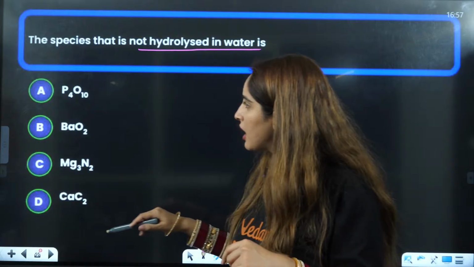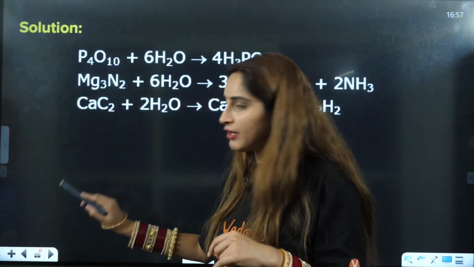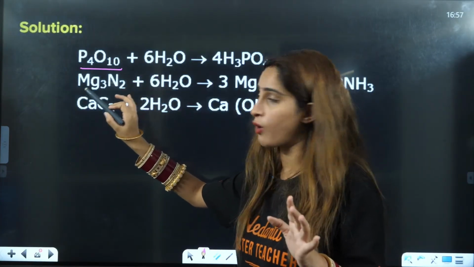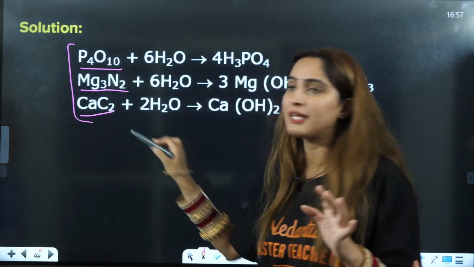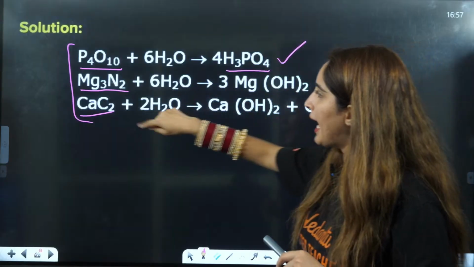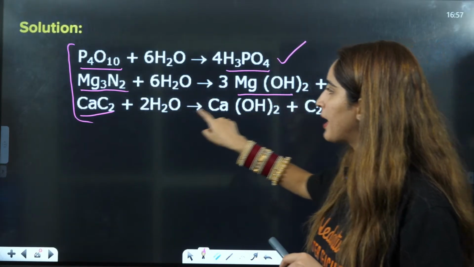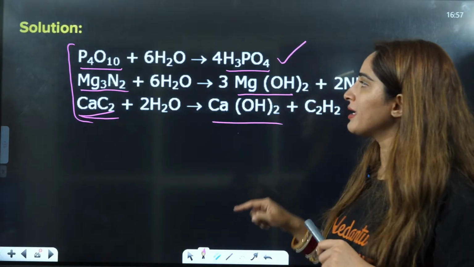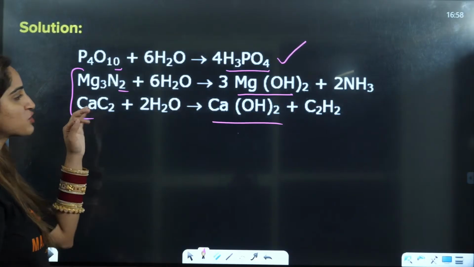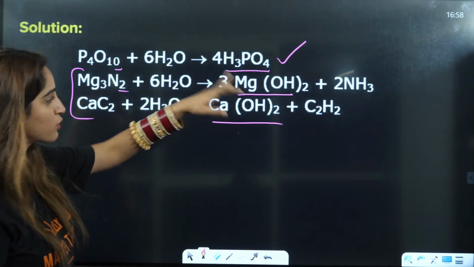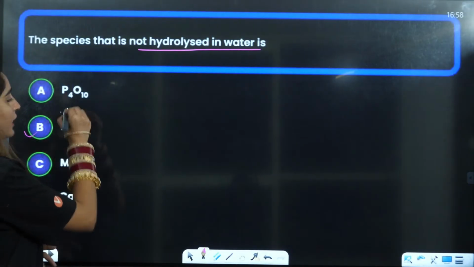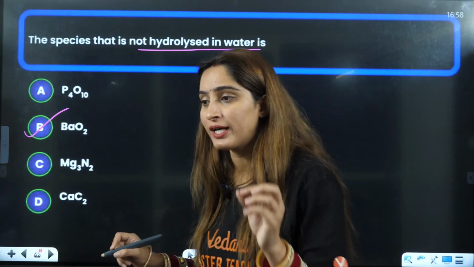If you see P, Mg, and Ca, how will they hydrolyze? All of these are reactions in your s-block chemistry. So P4O10 is forming H3PO4, Mg3N2 is forming magnesium hydroxide, CaC2 is also forming calcium hydroxide. This is also a very useful thing in organic chemistry as well, how this reacts to form calcium hydroxide, how this reacts to form magnesium hydroxide. Right, so the answer is BaO2, it will not react with water at all.